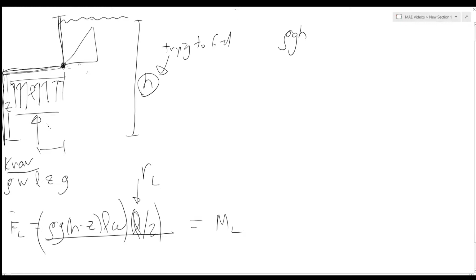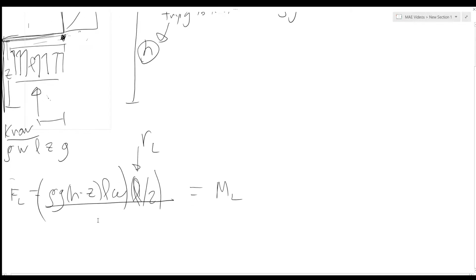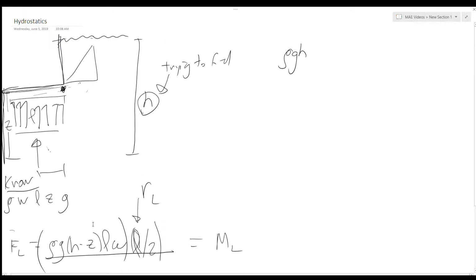So when we do that one, the force on the right is found by finding this area under here.